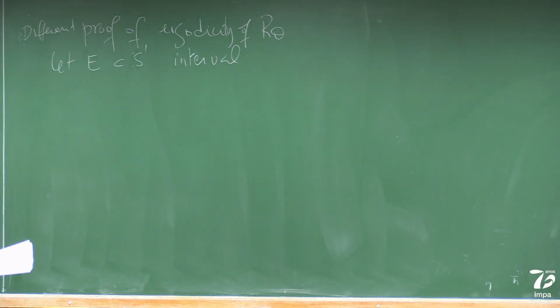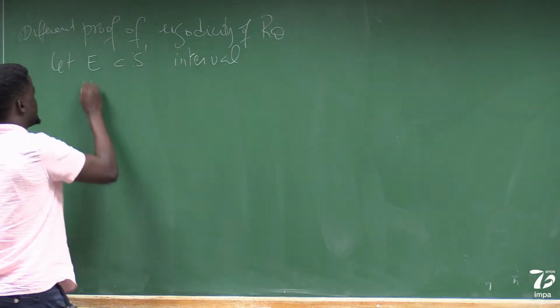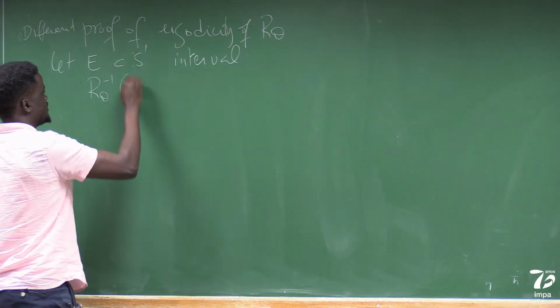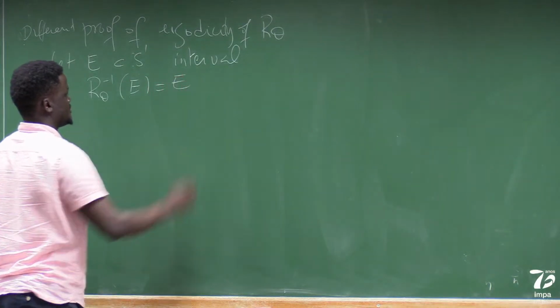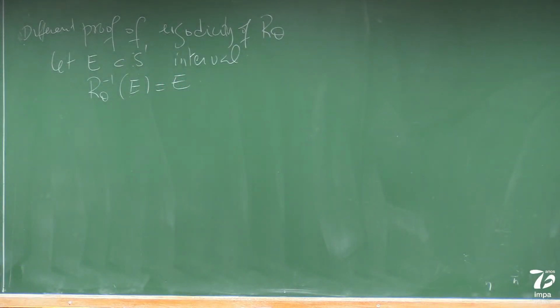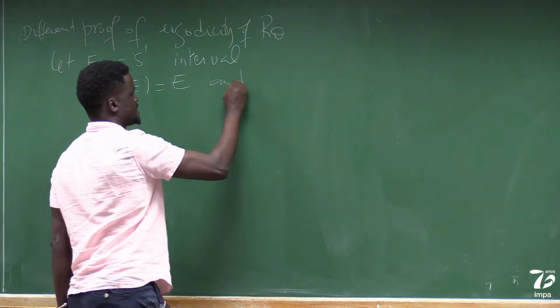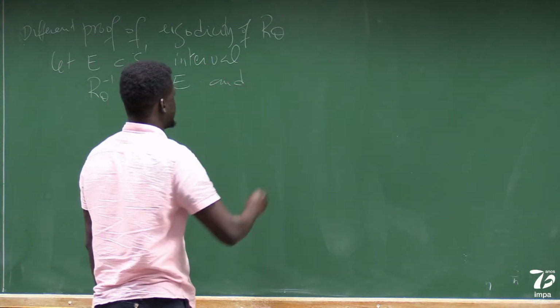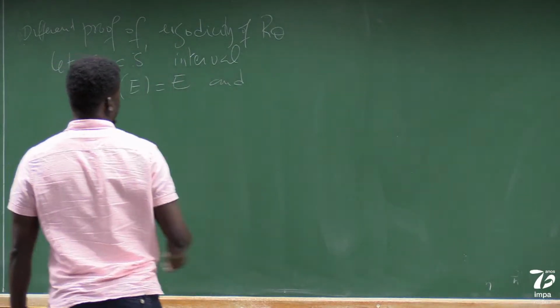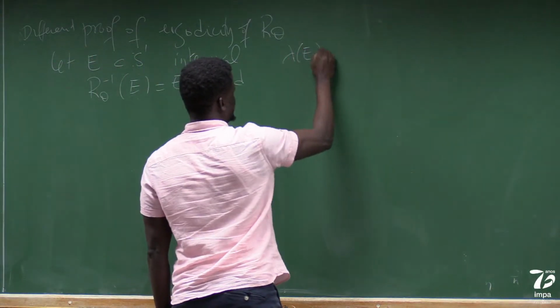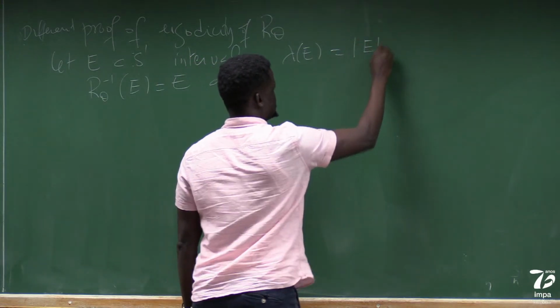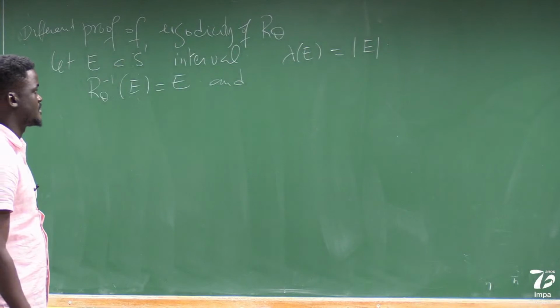So suppose that this set is invariant. Suppose that R theta inverse of E equals E, and let's also suppose by contradiction that this has measure, so when I have an interval, I write lambda of E just like this, because it is an interval, okay?